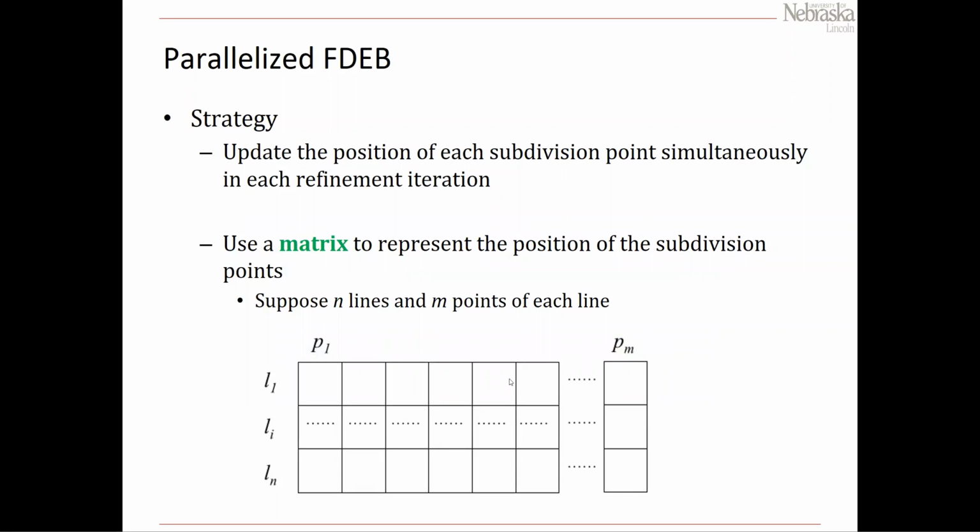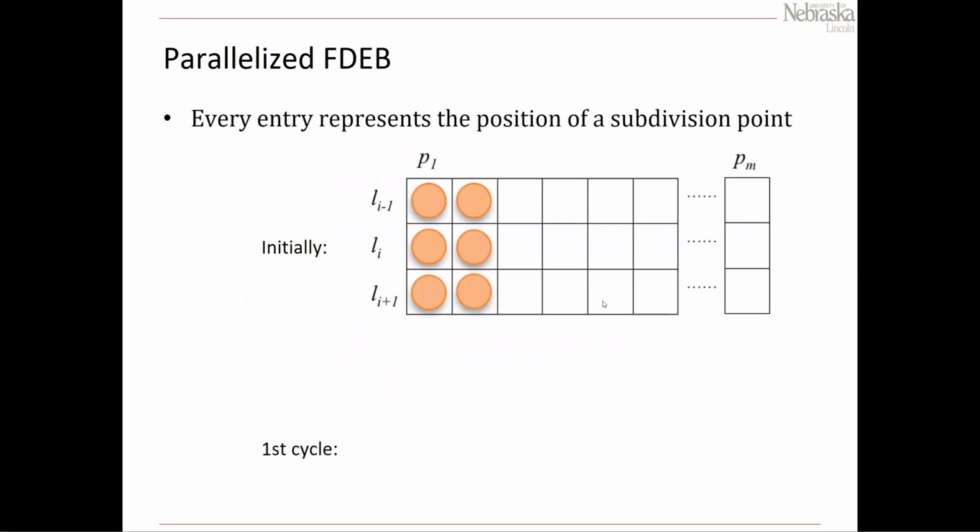The basic process of this algorithm is to update this matrix, corresponding to the position of each subdivision point, at the same time during each refinement iteration. Given this matrix representation, we can easily carry out the parallelization of the edge bundling algorithm.